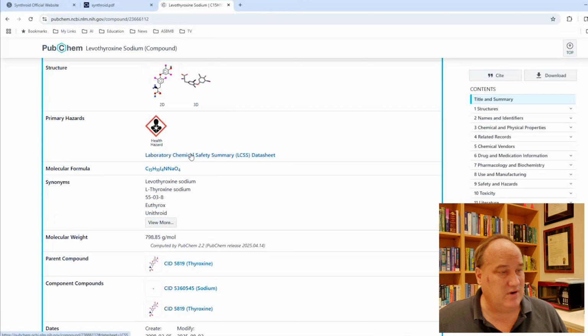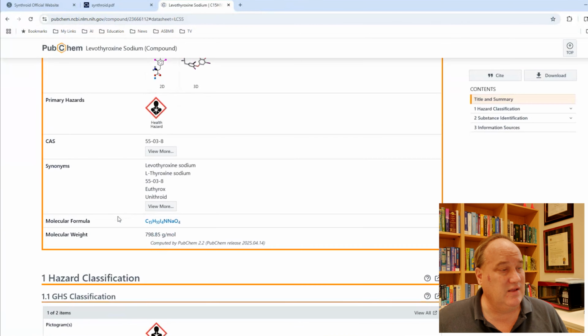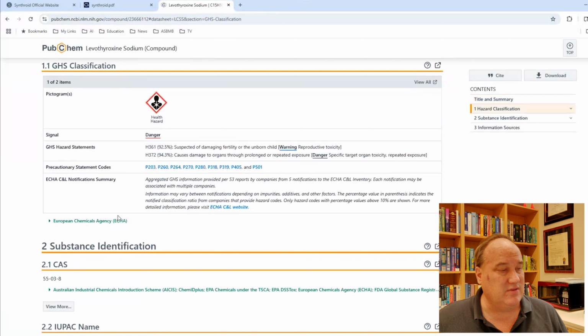And if you want, you can click on the laboratory chemical safety data sheet as well. And this tells you all you want to know about the health hazards right here. And they usually use these pictograms to indicate the different health hazards, right? And so, obviously the main hazard is suspected of damaging fertility or the unborn child.